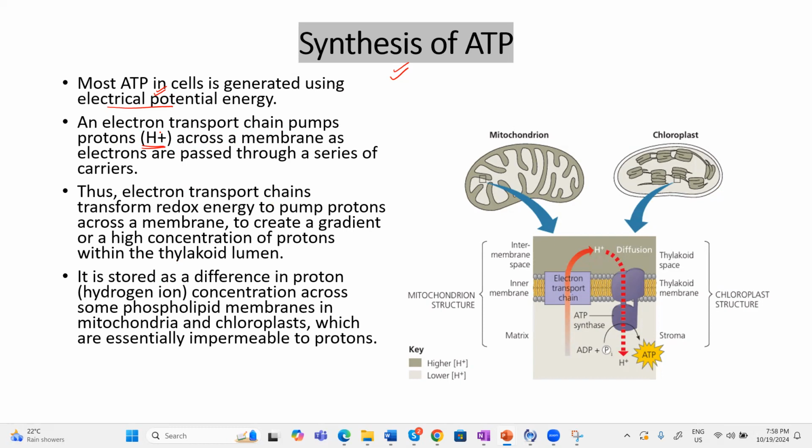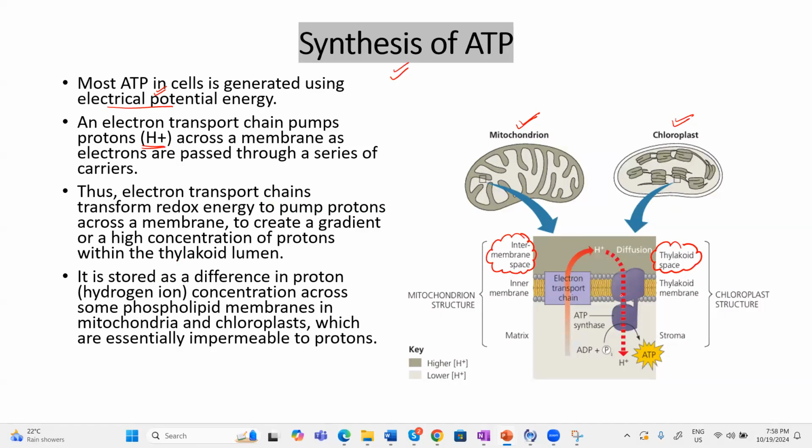The difference is that in mitochondria, the proton is accumulated in the intermembrane space, and in chloroplast, the proton is accumulated in the thylakoid space. Check this diagram of mitochondria and chloroplast. When the electron transport chain is working, protons accumulate in the intermembrane space in the mitochondria, and in the thylakoid space in the chloroplast.